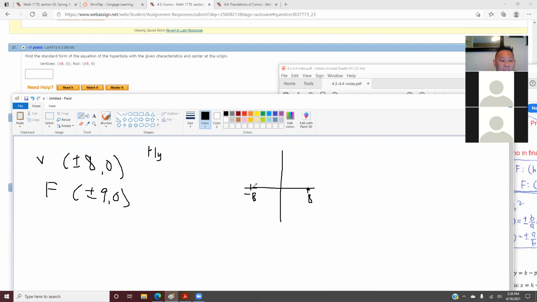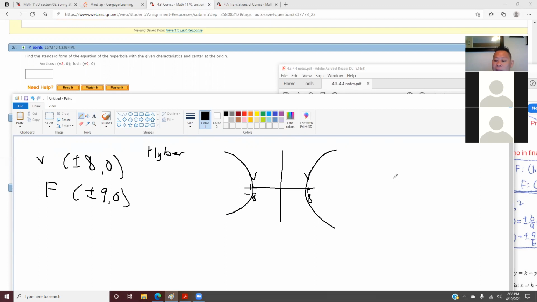These are your vertices. If you remember, a hyperbola is like a parabola, but it goes both ways instead of one. So if this is your vertex, the only thing I can tell you is your hyperbola has to go this way.